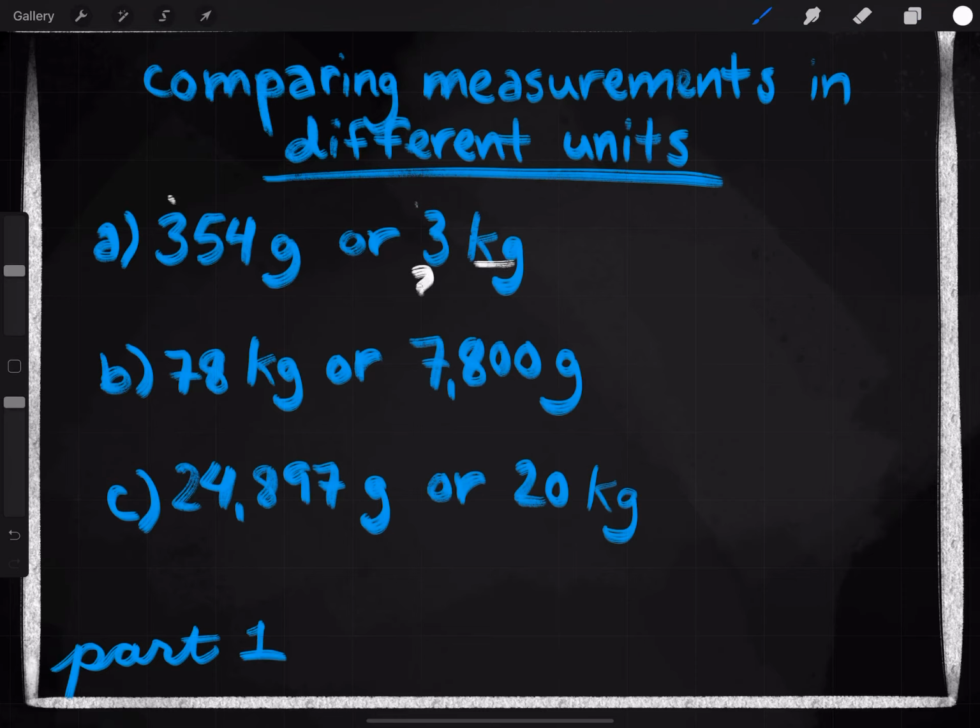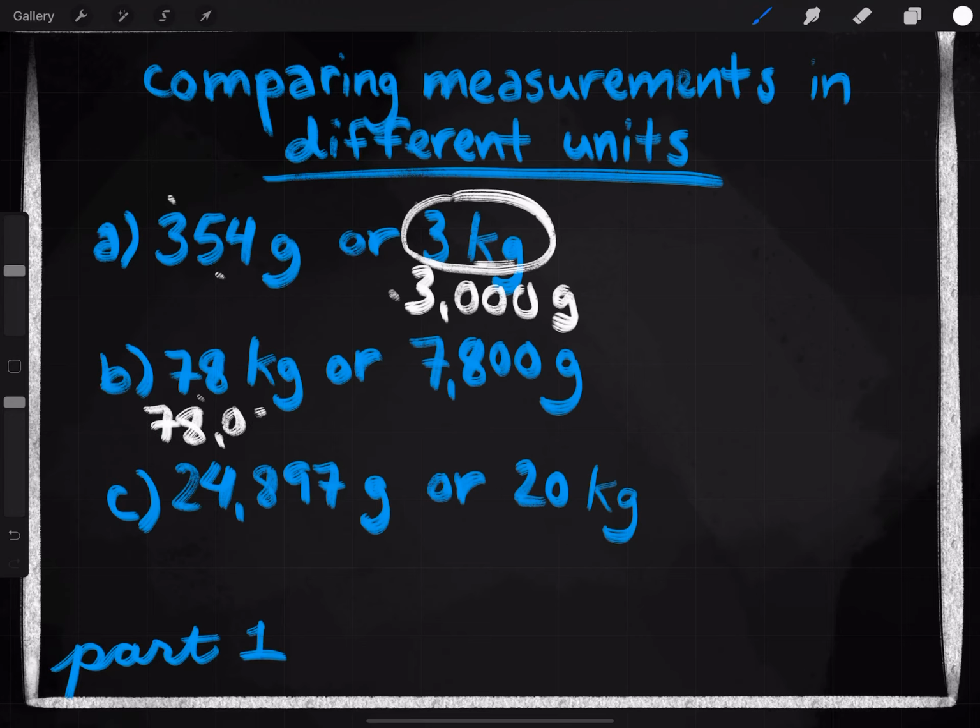So 3 kilograms equals 3,000 grams. 3,000 is bigger than 354. So this is bigger, 3 kilograms. Okay, so for part B, I'll need to convert 78 kilograms. That would equal 78,000 grams, which is bigger than 7,800 grams. So 78 kilograms is actually bigger.